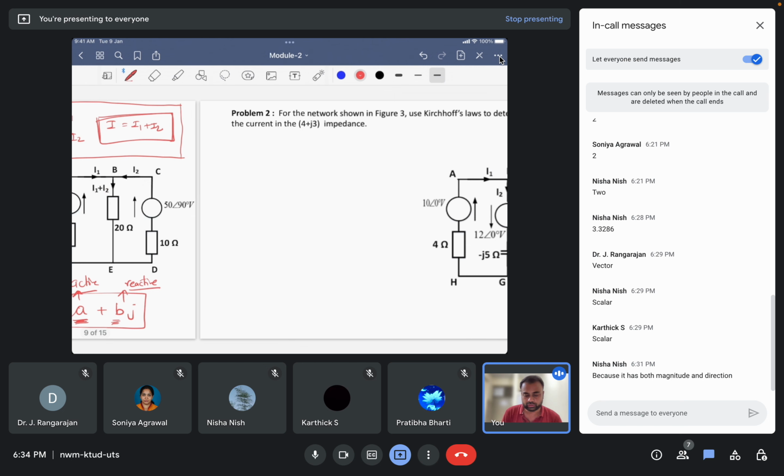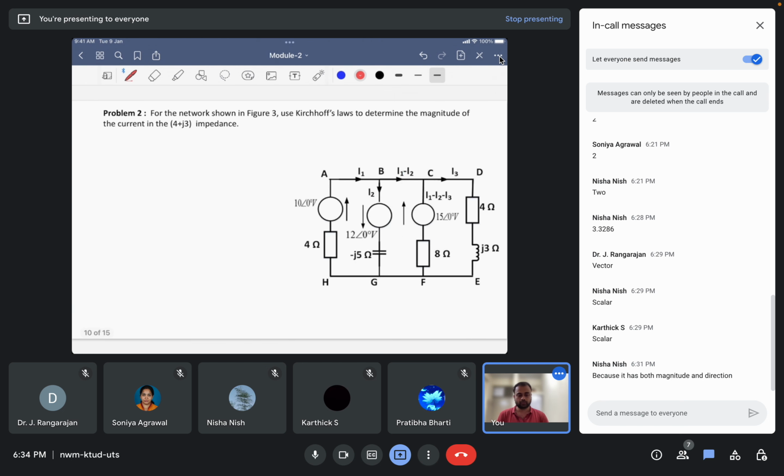Okay, so we'll move to the next problem, problem number 2. Here we have 3 loops and 3 unknowns: I1, I2, and I3. Please write down the equations for each loop and we'll try to solve this problem.